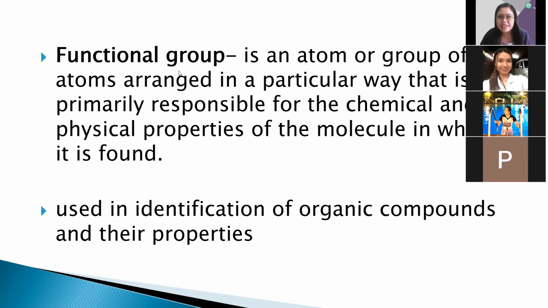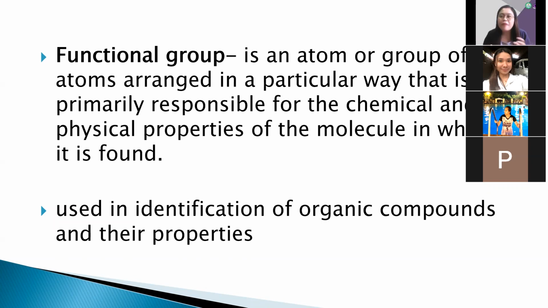We have here the functional groups. In organic chemistry, our chemical substances are grouped together according to their functional groups. That will be their identity. The functional groups present in the structure will be the identity of the compound. And when you say functional group, it's an atom, or actually a group of atoms.